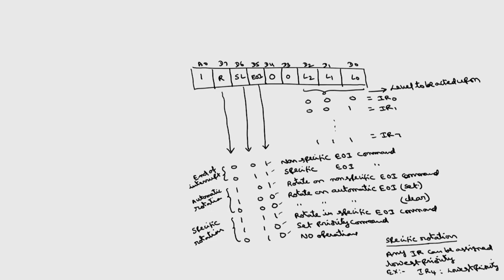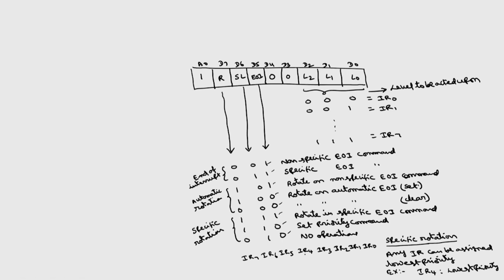By default, we have IR 7, IR 6, IR 5, IR 4, IR 3, IR 2, IR 1, IR 0.